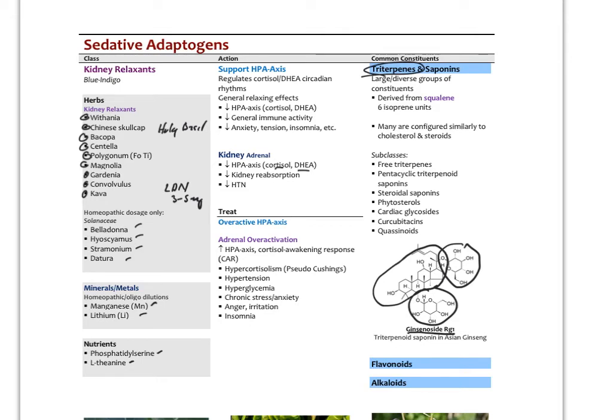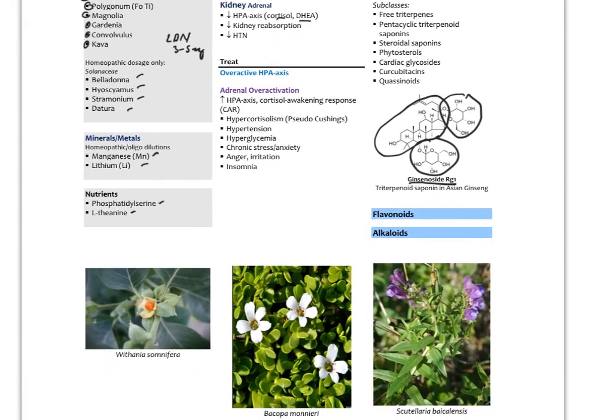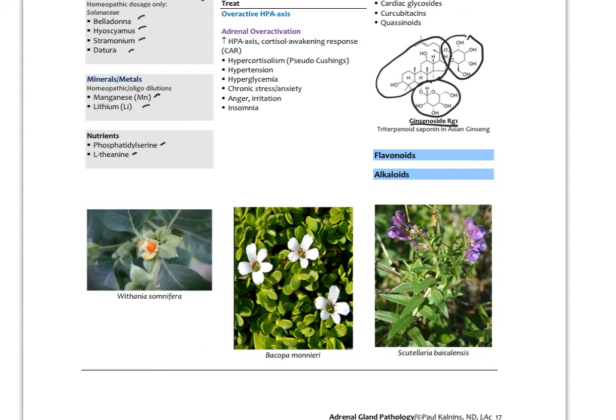So one theory, and this has been pretty well established in the research literature about adaptogens, is that in the case of these adaptogens, they are upregulating glucocorticoid receptors so that we can turn down the HPA axis appropriately. So that is the sedative adaptogen. Other names you might hear: kidney relaxants, etc. in this category.